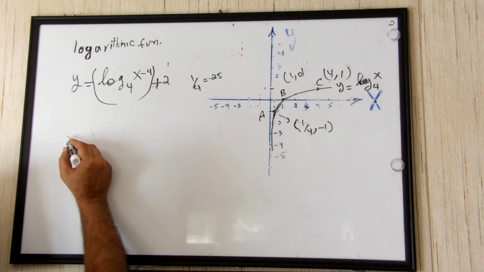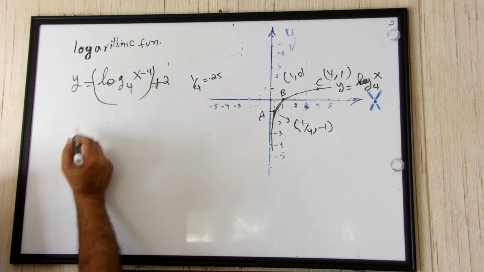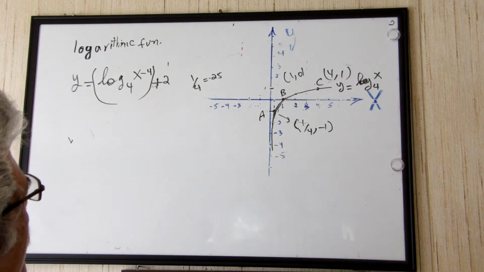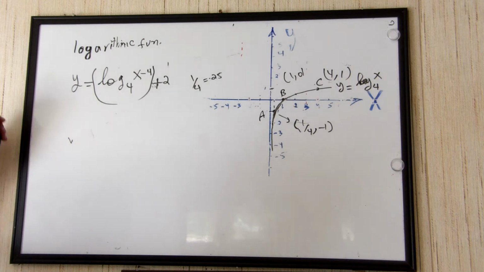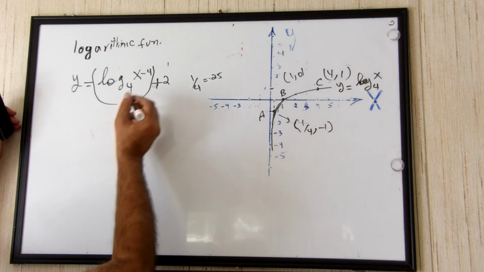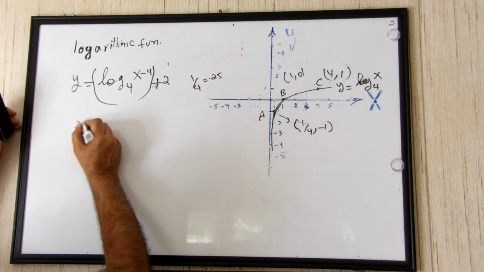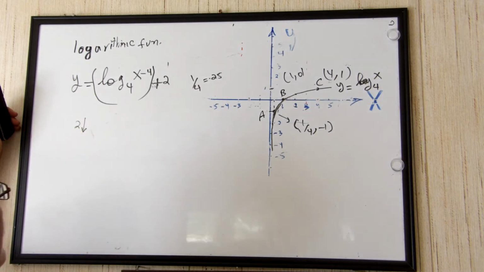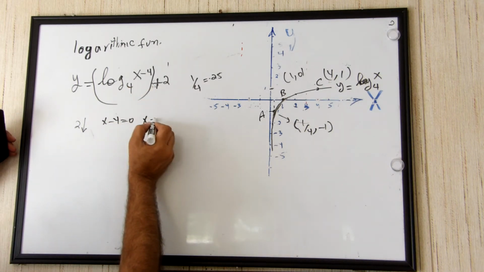So now, by transformation, if you want to graph this, we write the values here. First of all, this is going to go 2 units down in y, and x minus 4 is equal to 0, so x is going to be 4.